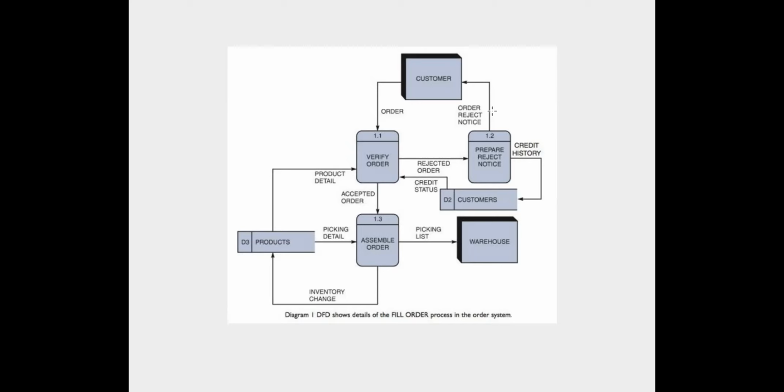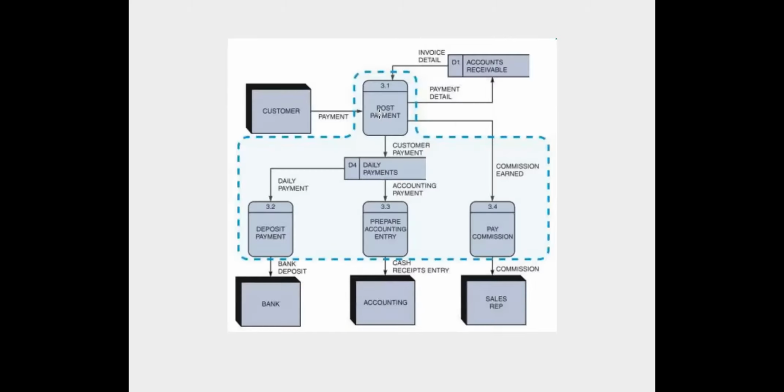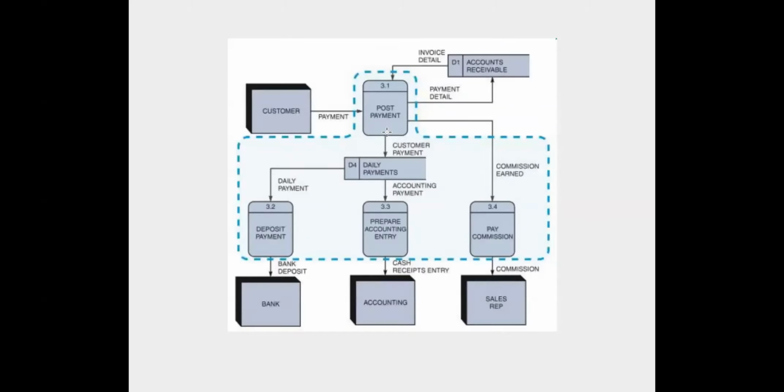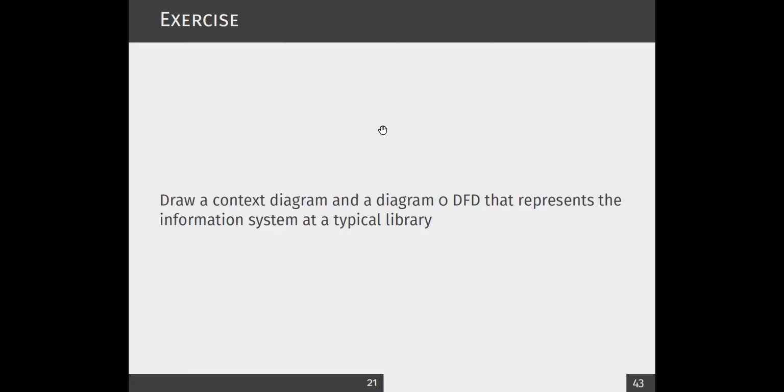Again, you can go into more detail, so you can show as much detail as you want. This is simply the mapping from the original into more detail, so you should be able to map all the inputs and the outputs.